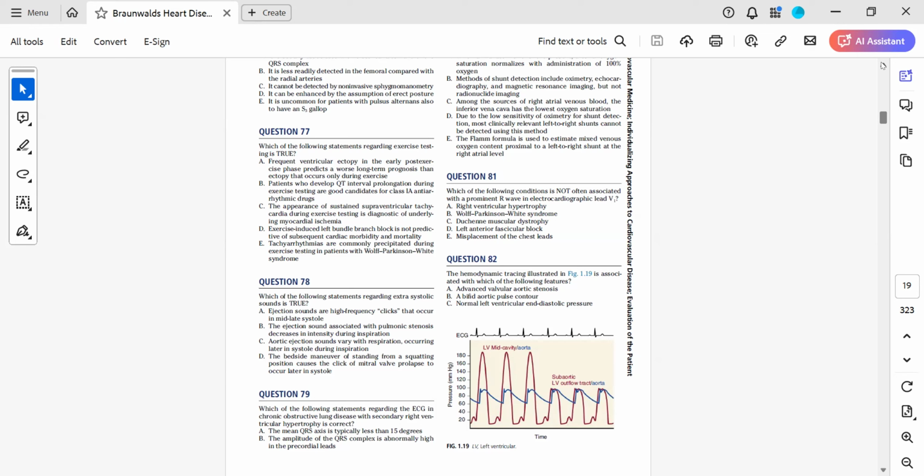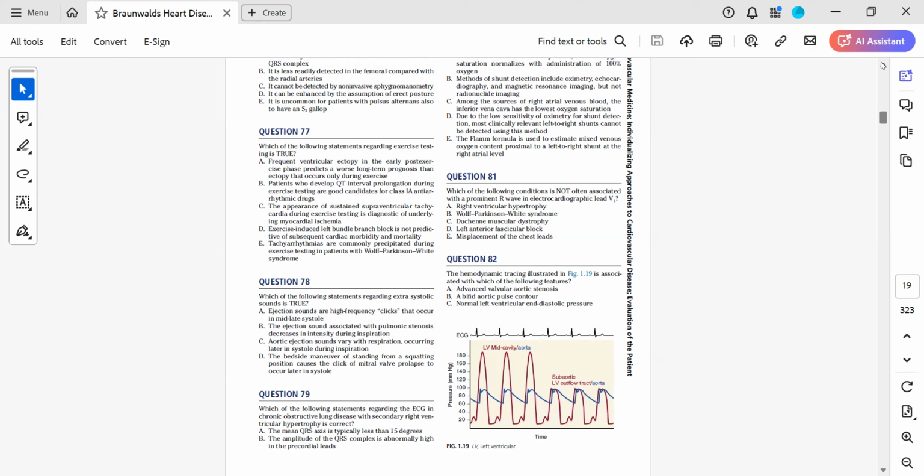Wolff-Parkinson-White syndrome, like I've explained, for type A, we would find a dominant R wave. Duchenne muscular dystrophy, we'll find a dominant R wave. Then left anterior fascicular block, that will be the true option here, where we won't find a dominant R wave.